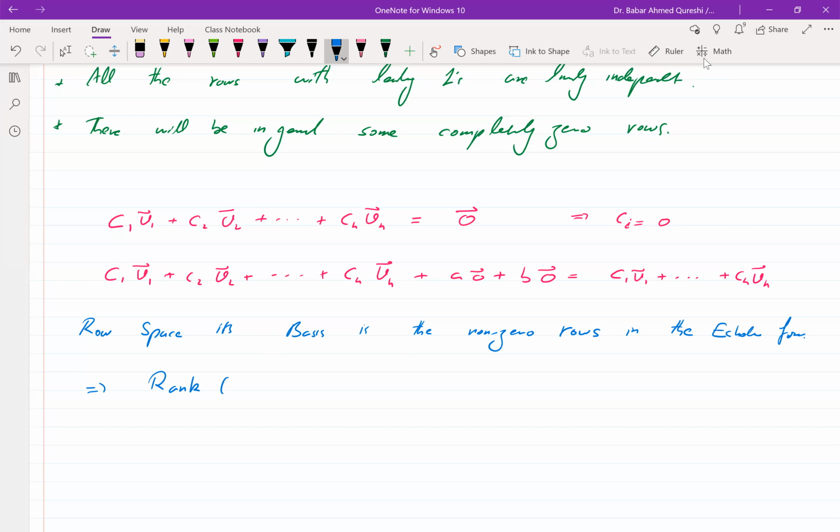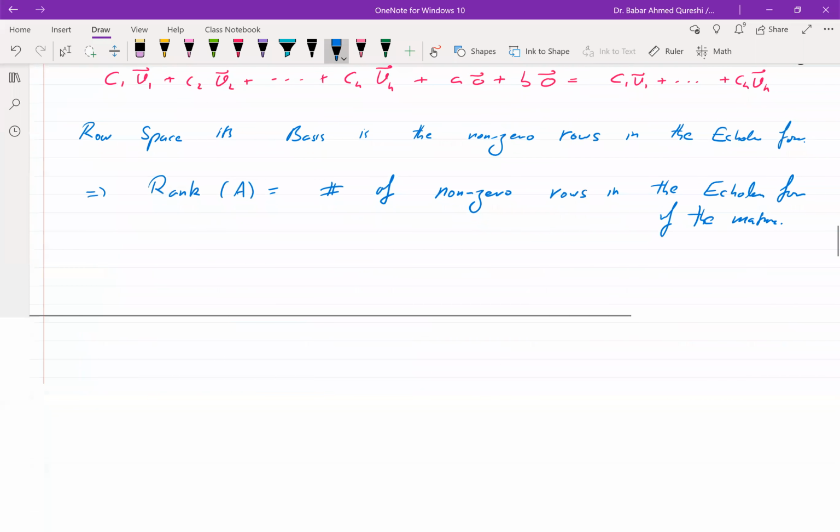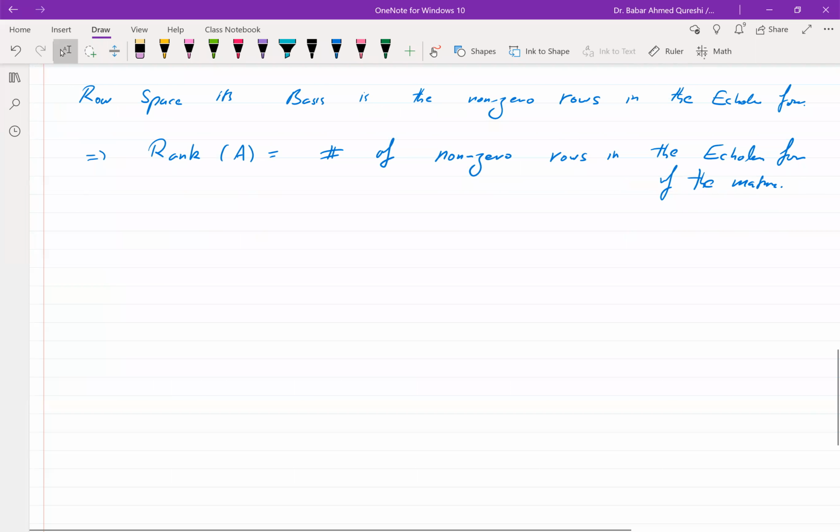So the rank of A, because it was the dimension of the row space, is the number of non-zero rows in the row echelon form of your matrix. We will shortly do some examples as well.